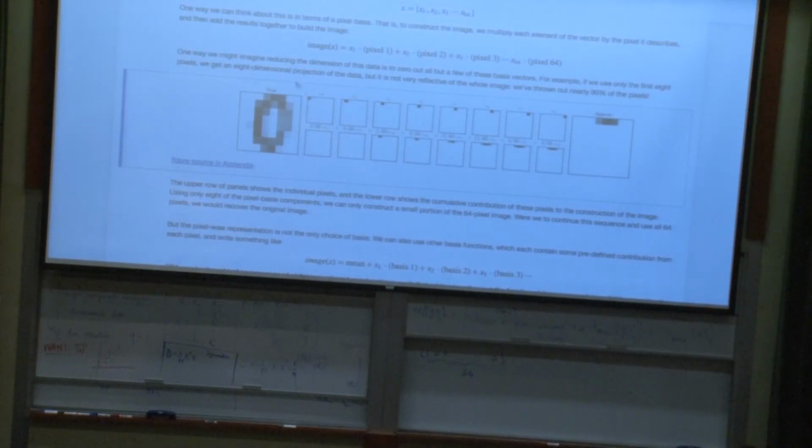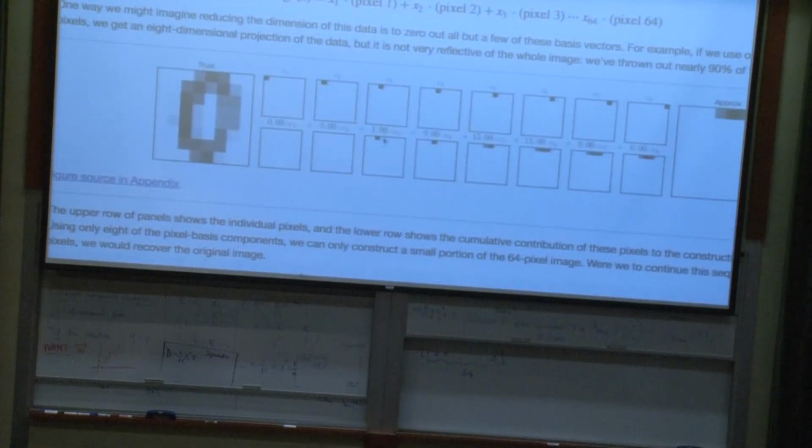If I were to project this image along these 8 different dimensions, the projection in this direction is nothing, because there's a white pixel there. So I get nothing here. I project it along this direction, I get nothing here. Now I project it in the third direction, and there's some non-zero value here, so something's starting to show up. If you zoom in, you can see that they've computed exactly what the coefficients are.